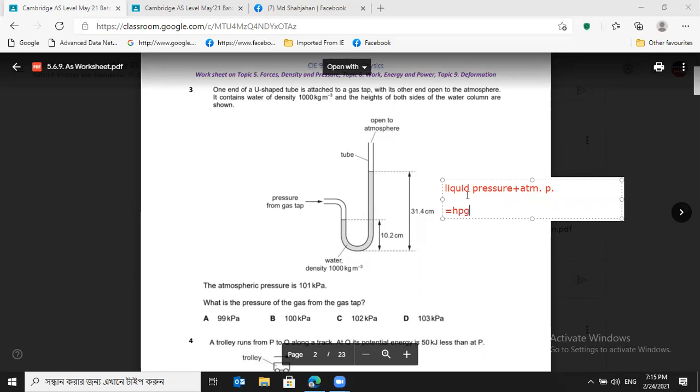H rho g plus atmospheric pressure, given as 101 kilopascal. So how much did you get for H rho g? Please tell me. Okay, sir, one second.